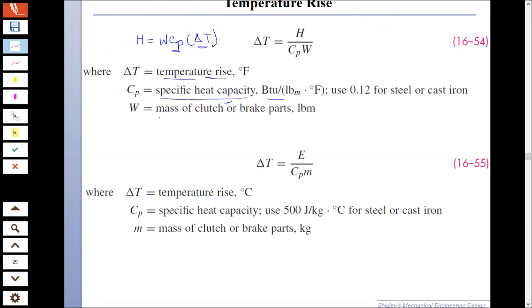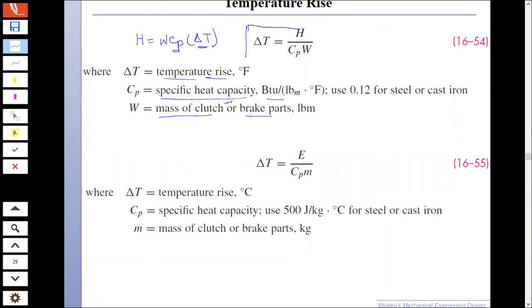And W is the mass of the clutch or the brake parts. You might be familiar with another version of this equation, which is m Cp (T2 minus T1), or m Cp delta T. But this is the same equation.